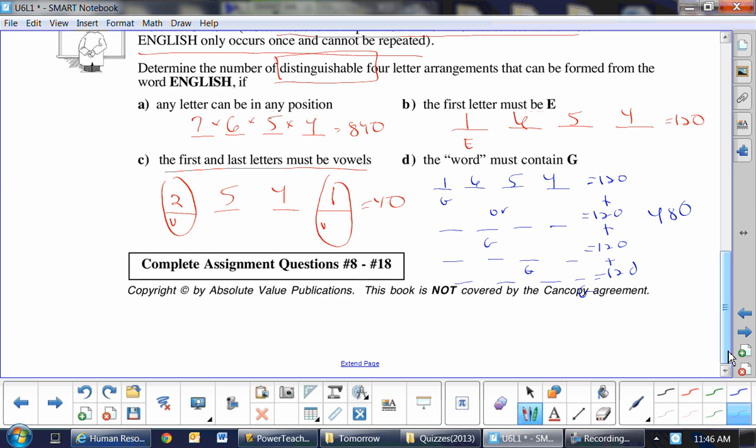I do my blanks, circle my restrictions, do them first, then finish off with filling in the rest. So 1 to 18 and omit 15. They do go quite fast because you're not doing a lot of work for them. You're just doing your blanks and then filling stuff in.